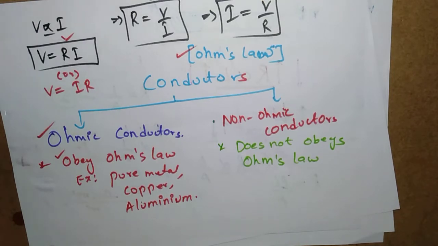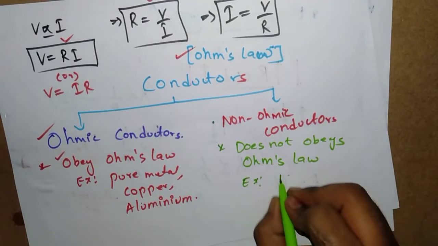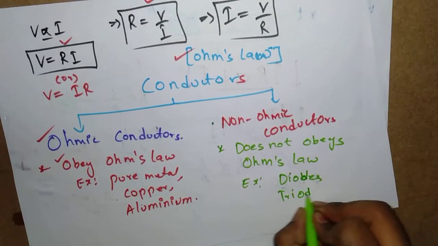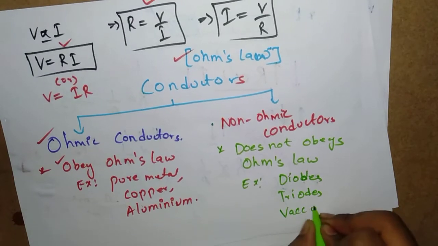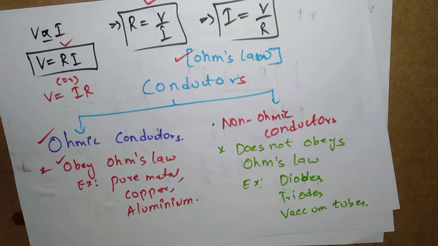What are they called? Non-ohmic conductors. The examples for non-ohmic conductors are diodes, triodes, and vacuum tubes. Non-ohmic conductors are nothing but the conductors which do not obey Ohm's law. Remember this definition, it will be asked for 1 mark.